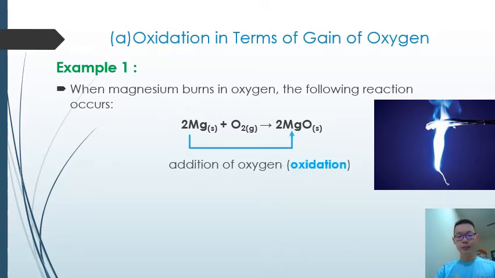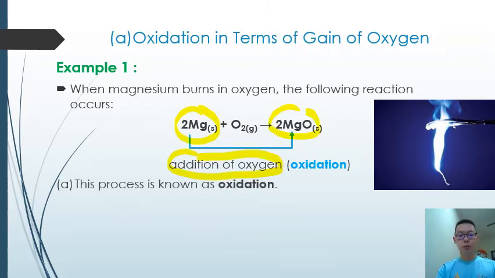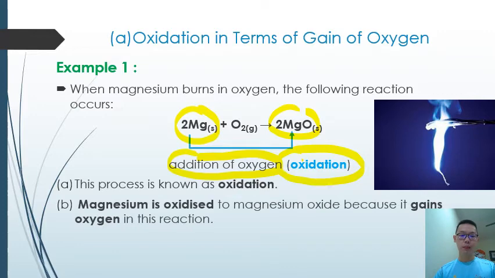As we can see in this chemical equation, the magnesium atom gains oxygen to form magnesium oxide. So we call this process an oxidation process. Magnesium is oxidized to magnesium oxide because it gains oxygen in this reaction.